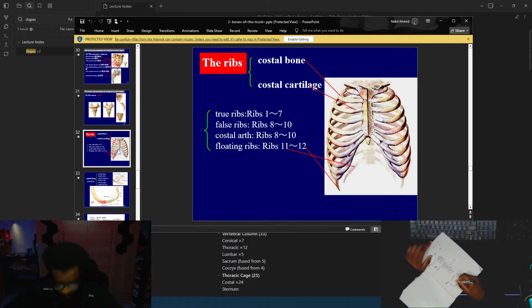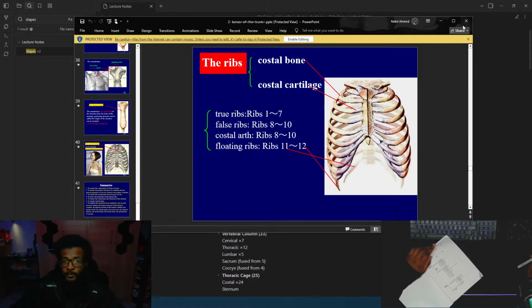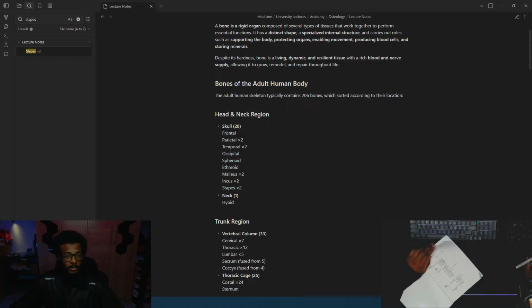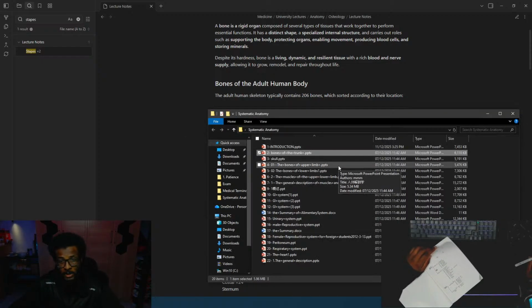Same thing, all of it is important. So ultimately, this whole thing will be starred, and that's it for the trunk. Now for the upper limb.